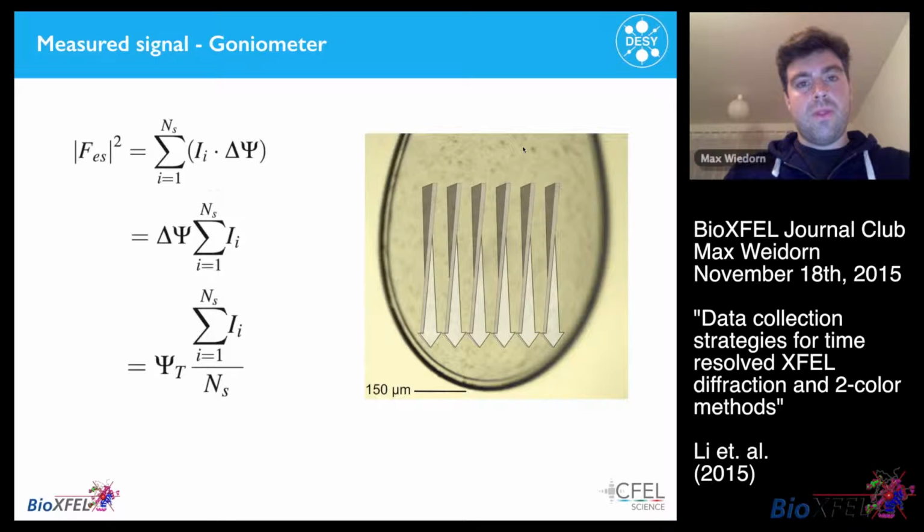So now that we've understood the basics, we can get into the real juice of this paper, where they wanted to see whether one or the other technique has an advantage over the other based on error analysis. So how many patterns do you need to come to a conclusive result?